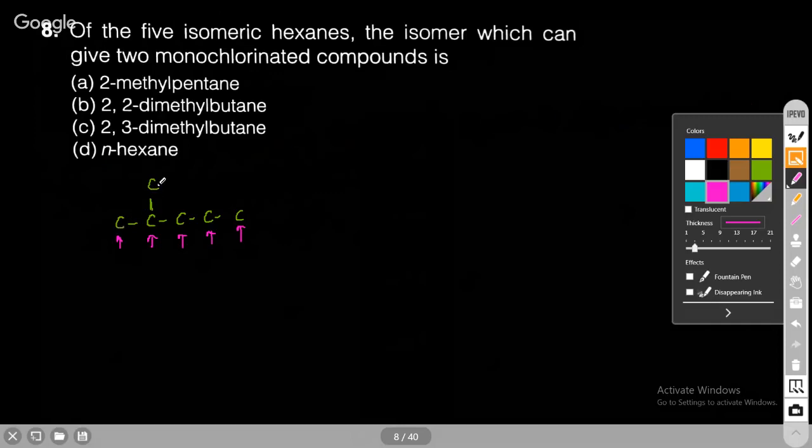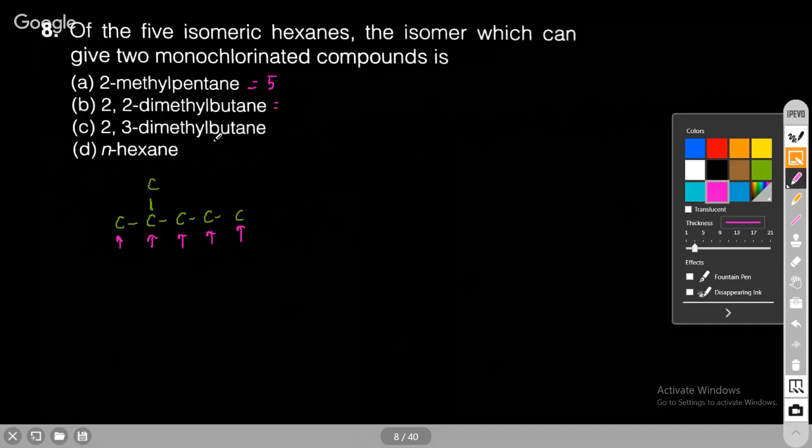These two are equivalent positions. If chlorine is attached here, the compound is what? 1-chloro-2-methyl pentane, right? And if chlorine is attached over here, then it will be, 2 plus 5, 7, and 1 plus 2, 3, 4, 5. So we'll count from this side. So 1-chloro-4-methyl pentane then, right? So a total of 5 monochlorinated products are possible in the first one.